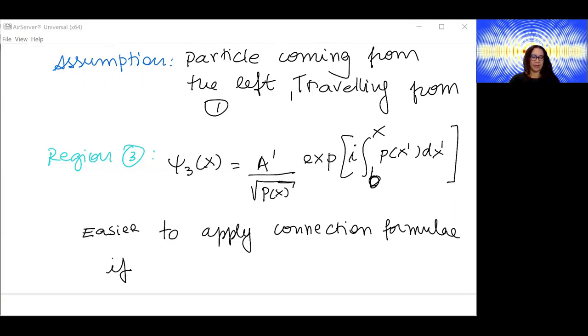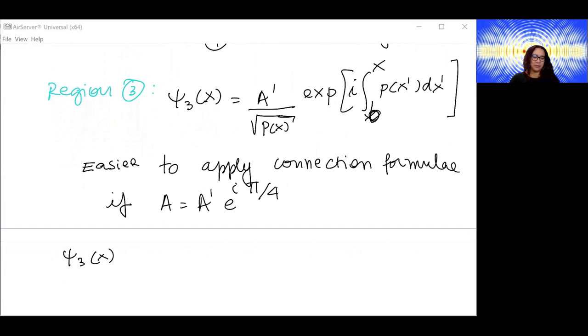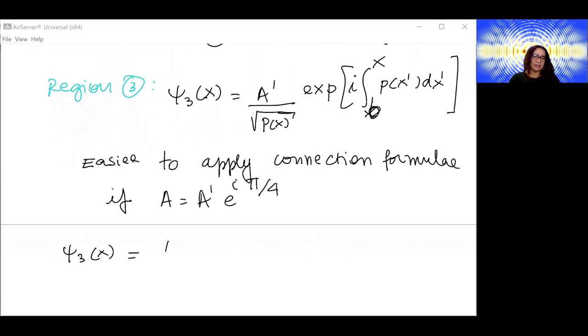It's easier to apply the connection formula if A is equal to A dash e^(i pi/4). So this is going to give you then psi 3 x. We're just rewriting it, okay? So that is going to be nicer for us later on.